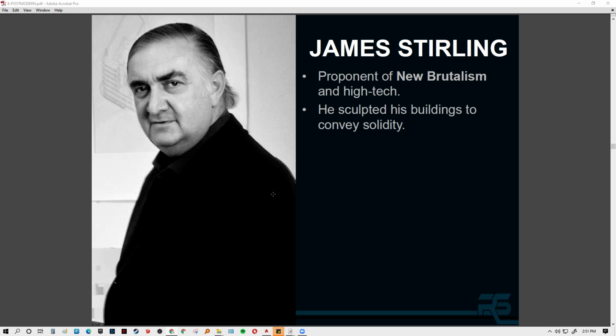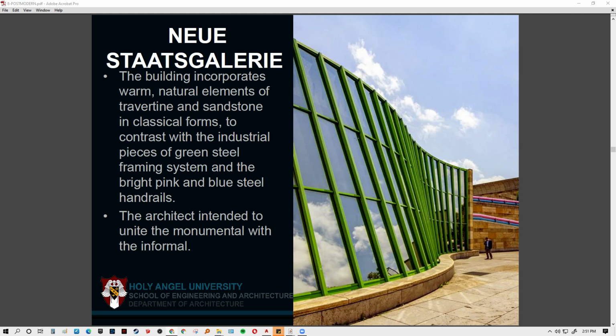Then next one we have is Sterling, or James Stirling, proponent of new brutalism and high tech. He sculpted his buildings to convey solidity. So basically he is juxtaposing materials from brick-like textures, then informal use of colors with different framing systems.